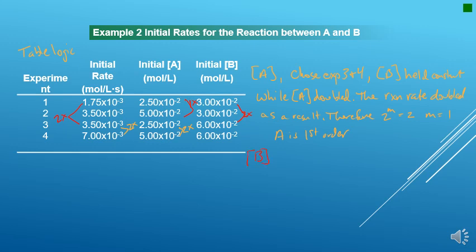So I would just simply say for B, we chose experiments 1 and 3. The concentration of A is held constant, while the concentration of B doubled.